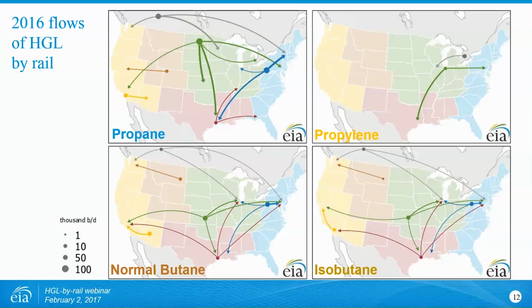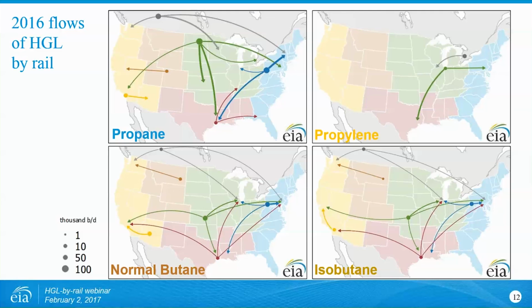So the fleet of cars, this is a similar question to what we get sometimes about propane storage capacity, right? And how much storage capacity is there available in the United States for propane? Well, we have a lot of storage capacity throughout the United States, and some of it is purposed for propane. A lot of it is not, and we're talking about the same thing here with rail cars.